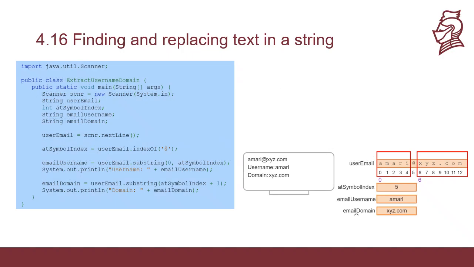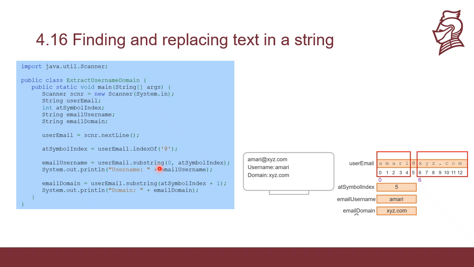And this is just a little code that's sort of showing how to do that. I get the index of the ampersand in this line, okay? And then userEmail, that's the email, dot substring 0, and then the index of the ampersand. And what's that going to return me? That's going to return the username.